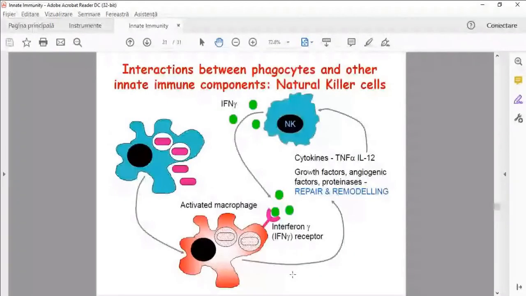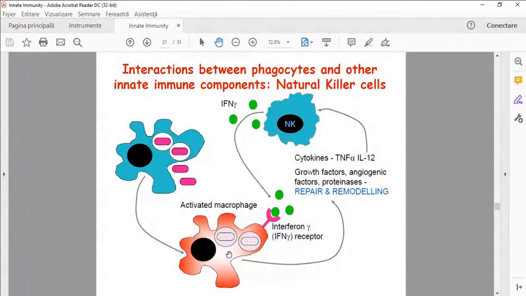So, here are depicted the interactions between phagocytes and other innate immune components. For example, here is a macrophage which phagocytoses a pathogen. As a result of this phagocytosis, this macrophage will be activated, on the one hand to destroy the pathogen, on the other hand to secrete some cytokines.